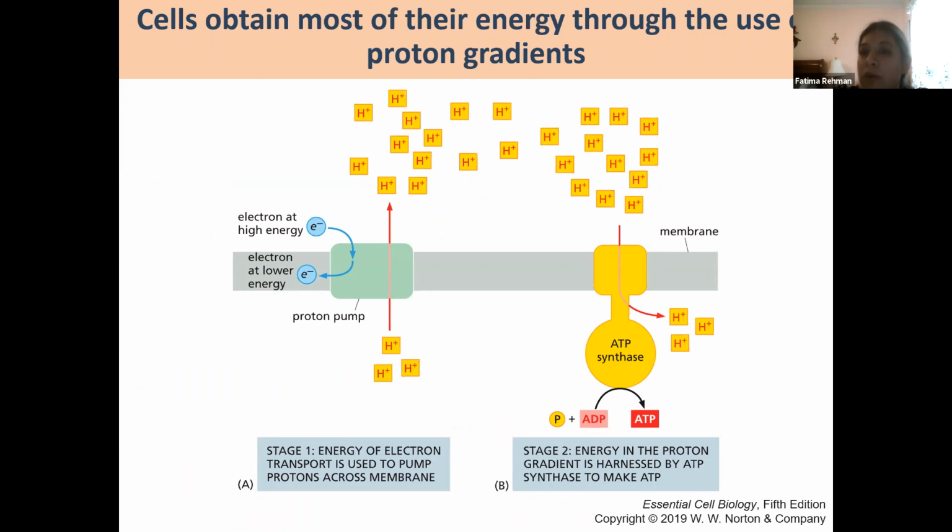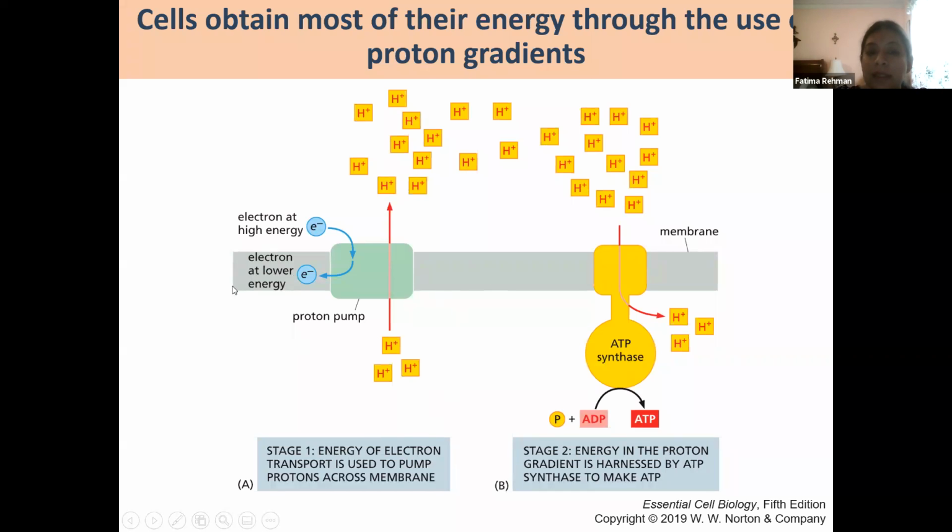So most of the energy that we are generating is getting generated through use of proton gradients across membrane spaces, whether it is from the outside of the cell to the inside, or inside the mitochondria, going from the intermembrane space into the actual core of the mitochondria.